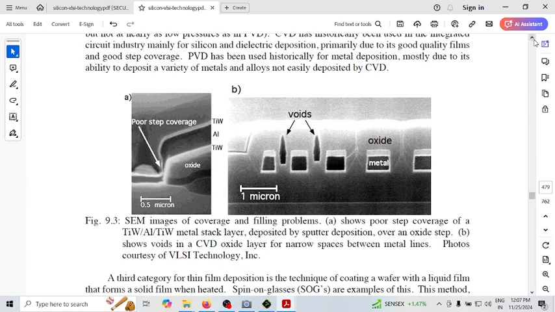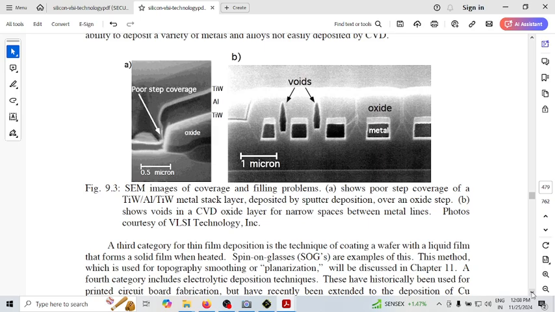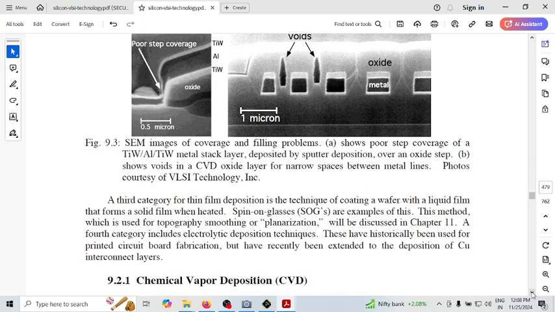And we saw that whenever you have a non-planar topography, the step coverage will be poor. And whenever you are filling something, you may not fill it properly because the aspect ratio will be too much.